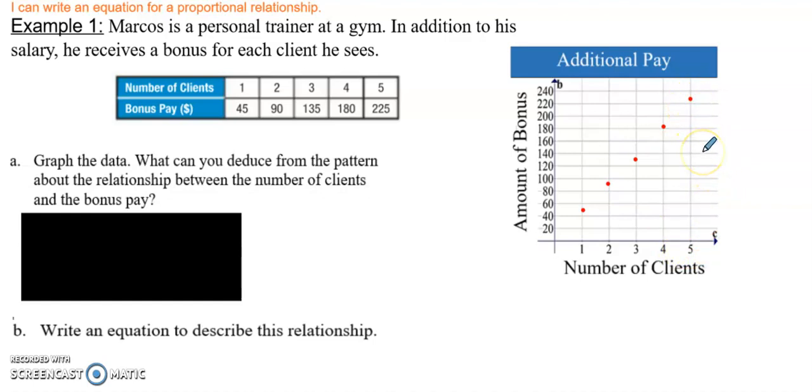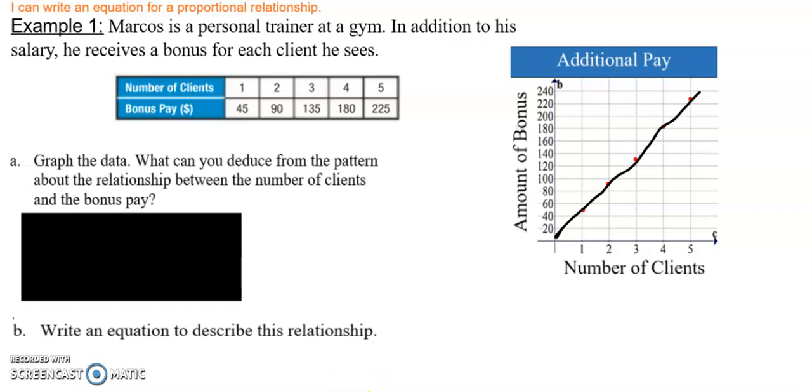All right, so looking at our graph, what can we deduce from the pattern about the relationship between the number of clients and the bonus pay? Well, if I was to draw and connect these points, it looks like we are making a straight line.